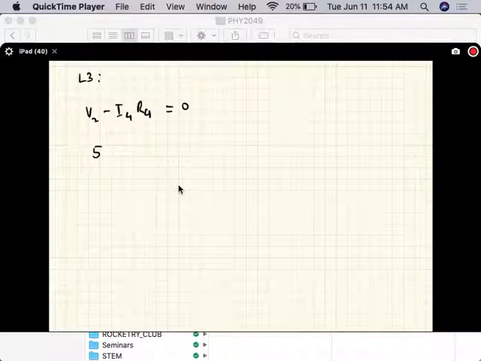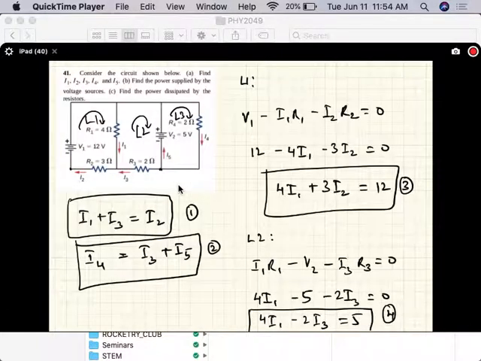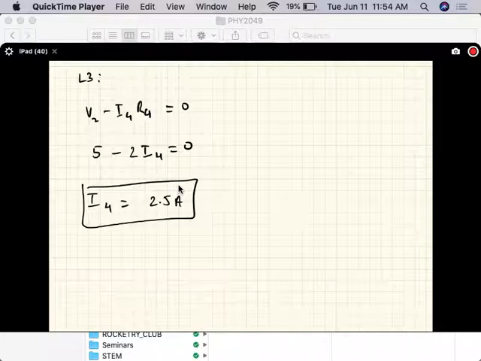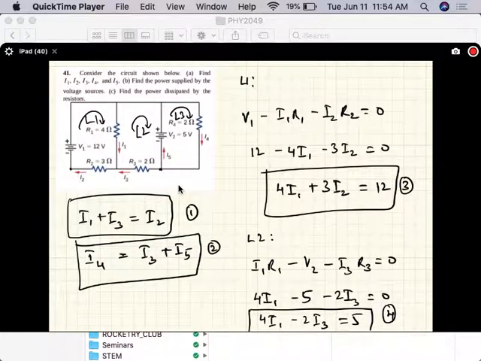So 5 minus 2 I4. Oh, great. So this one gives us I4 right away, 2.5 amps. Now let's see if this will help us.